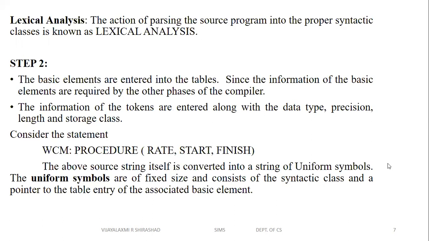The entire statement will be converted into uniform symbols. The uniform symbols are of a fixed size and consist of a syntactic class and a pointer to the table entry of the associated basic element. The pointer points to the table entry associated with the basic element defined in the table.